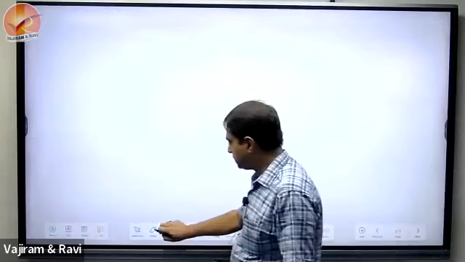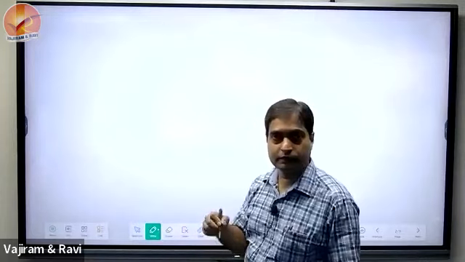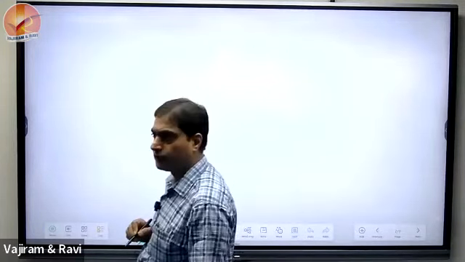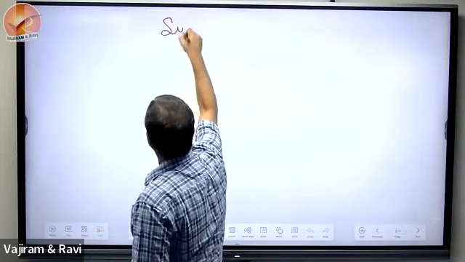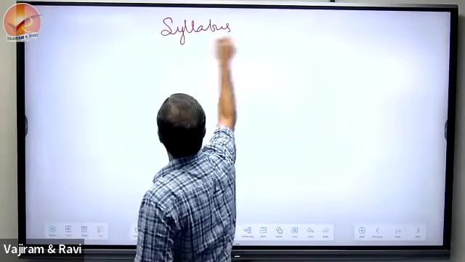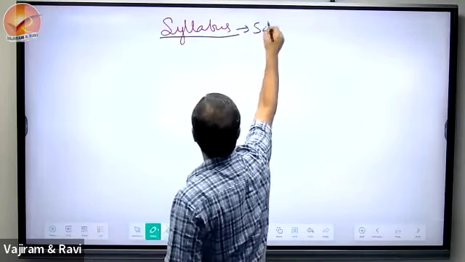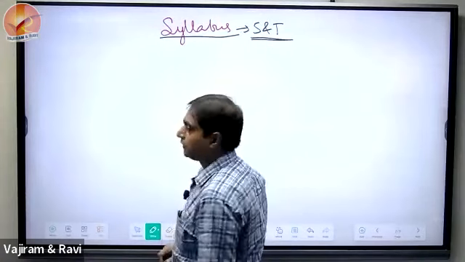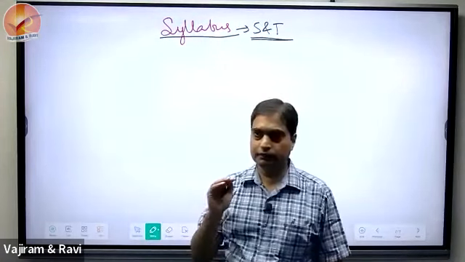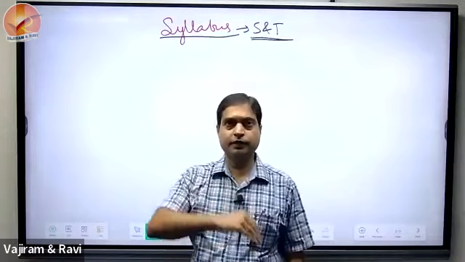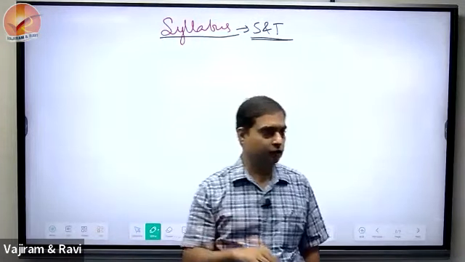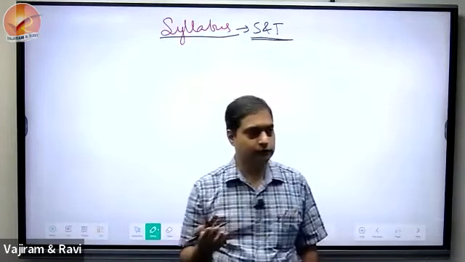Now the next one is, what is the syllabus defined for science and technology? As we discussed in the beginning, 90% of prelims questions will be asked from the syllabus of science and technology, so indirectly we are discussing both.